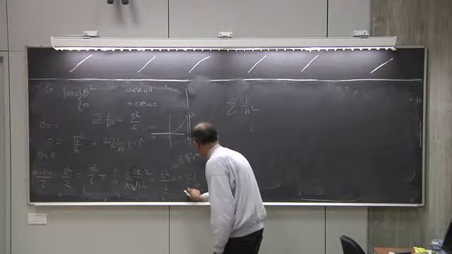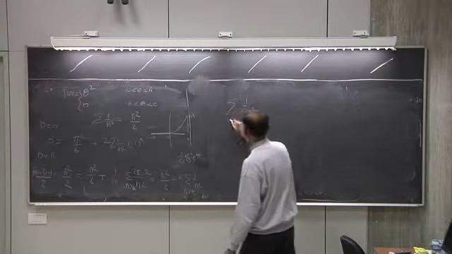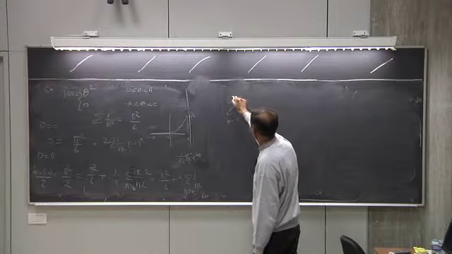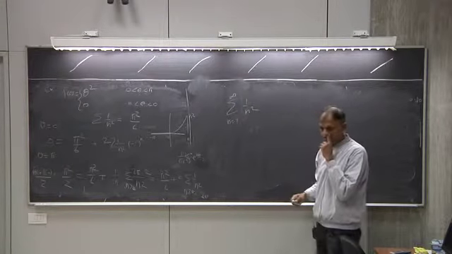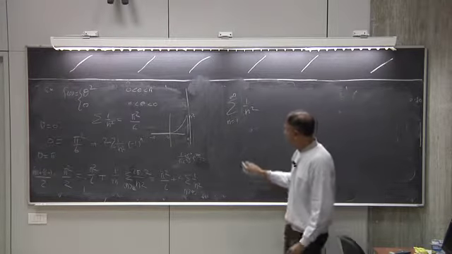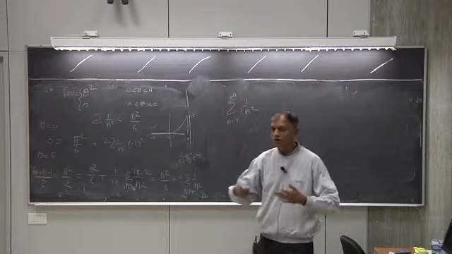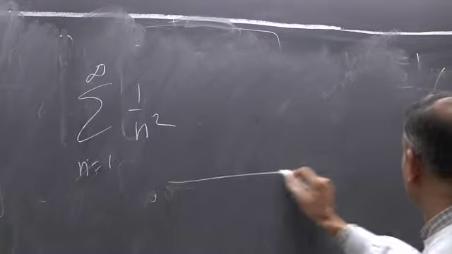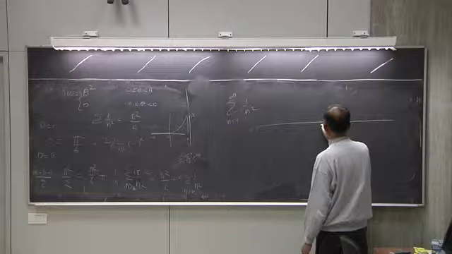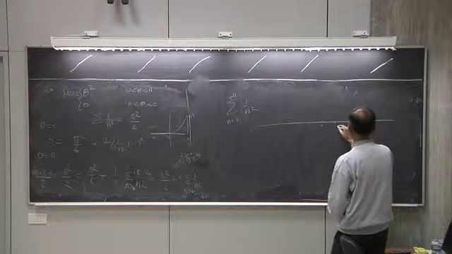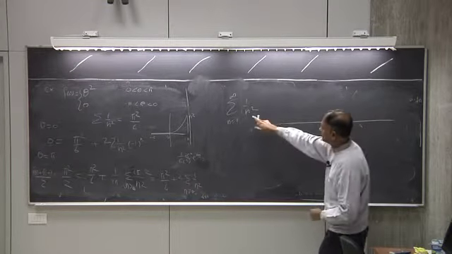This is, of course, n greater than 0, n equal to 1, 2, etc. Suppose I want to compute something like this. How will I do this? I want to use the contour integral methods, residue theorem type of methods. So if you look at this, here is my 0, but what I'm summing over is 1, 2, 3, etc. But this is, of course, even.